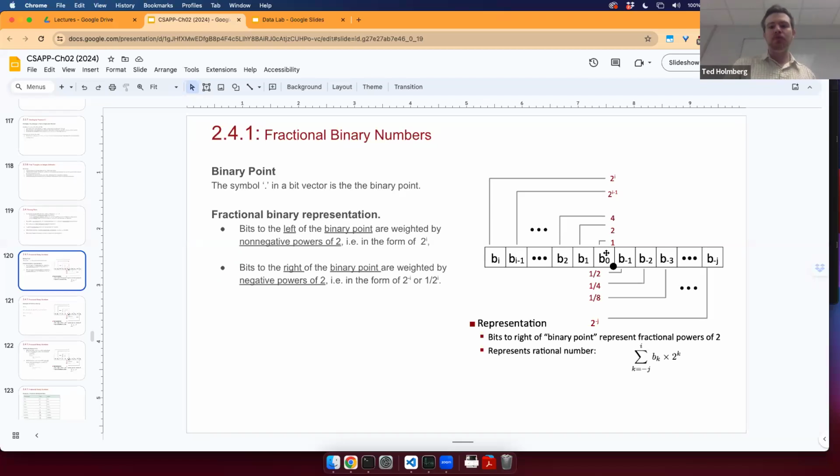So if we were to eliminate the right-hand side, our B0 here would be the equivalent of 1, if that was in the 1 space, right? This would be like 2, 4, so 2 to the power of 0, 2 to the power of 1, 2 to the power of 2, 2 to the power of 3, all the way to whatever value you're encoding is, right? So the left-hand side works the exact same way.